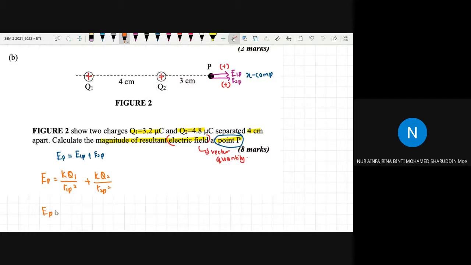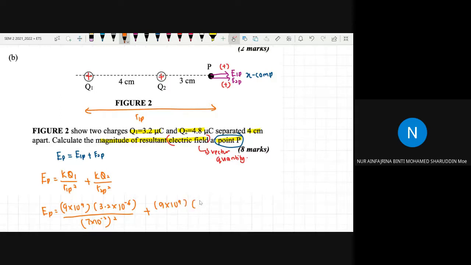So sekarang kita tahu K kita adalah 9 times 10 to the power of 9 and charge satu kita adalah 3.2 times 10 to the power of negative 6 and the distance between charge 1 until P will be 7 cm. Okay, 7 times 10 to the power of negative 2 squared tambah dengan K 9 times 10 to the power of 9, our Coulomb constant.